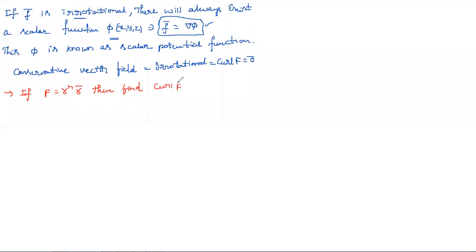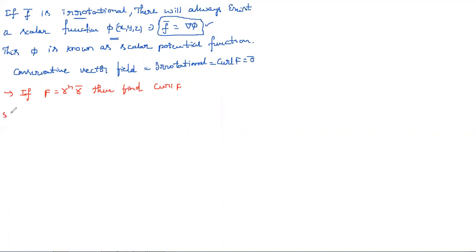Same type of question. What did we solve? Divergence we calculated, and there we got r power n into n plus 3, right? And we also asked when it is solenoidal. Same question here we are using for curl.